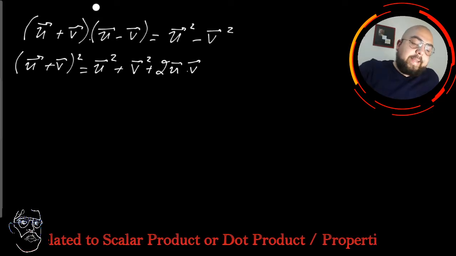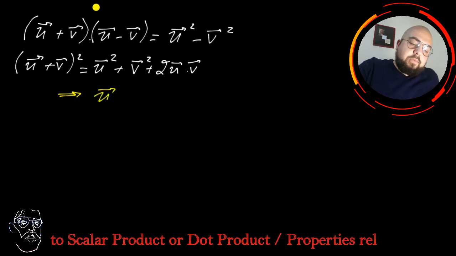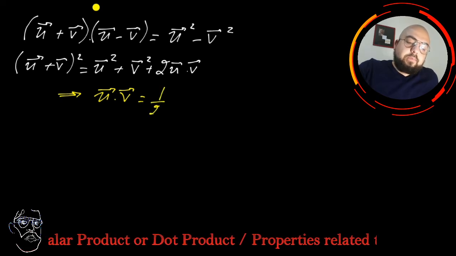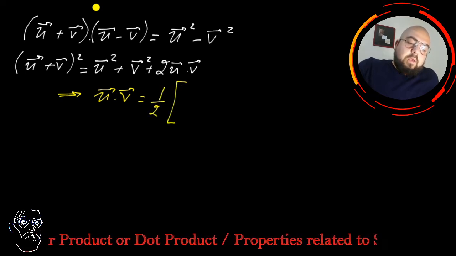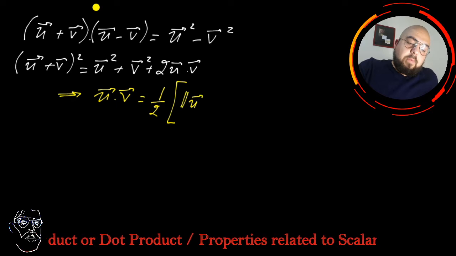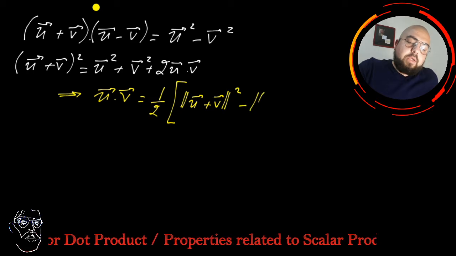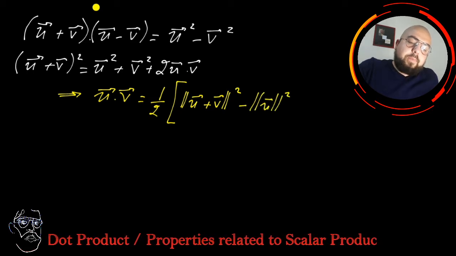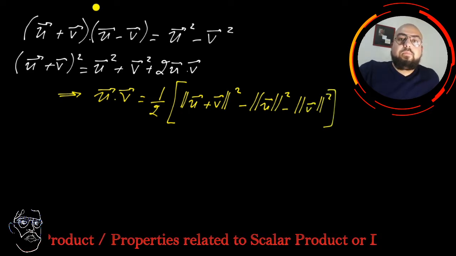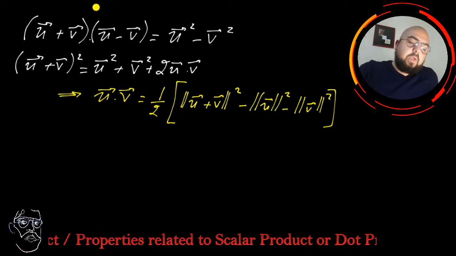From this part, I can deduce that u scalar v will be equal to 1 over 2 times the norm of u plus v to the power of 2, minus the norm of u to the power of 2, minus the norm of v again to the power of 2. Alright, so this is how you can find the scalar product by using this formula.